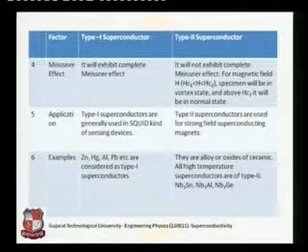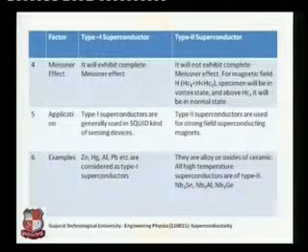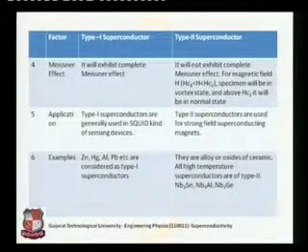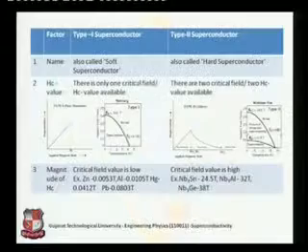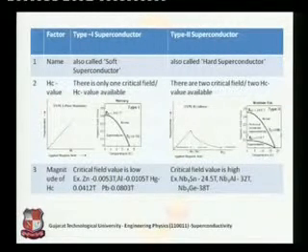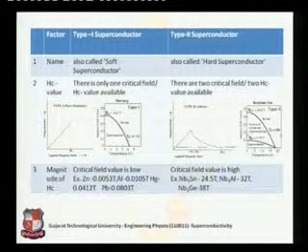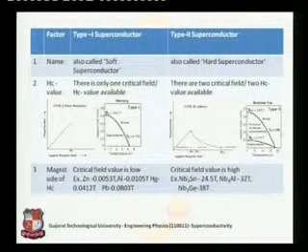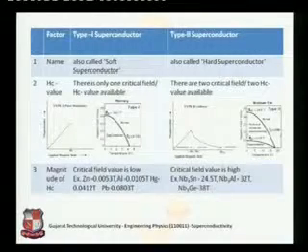But type 2 is not exhibiting a complete Meissner effect. Then how is it behaving? In the previous slide we already talked about that behavior. Just see that in type 2, if we apply a magnetic field and change the temperature, then what is happening? It will allow a certain magnetic field to pass through between Hc1 and Hc2.